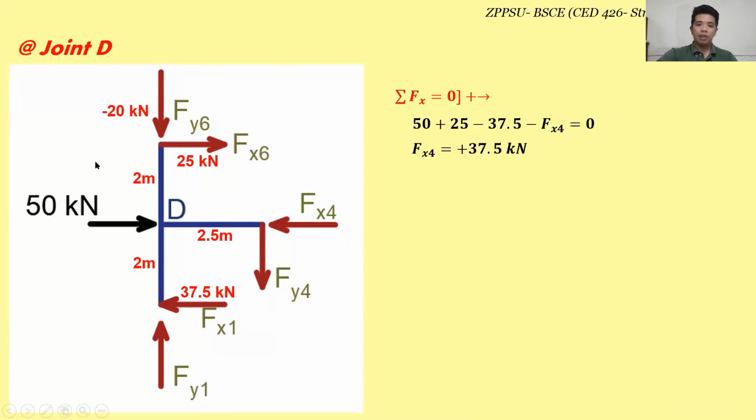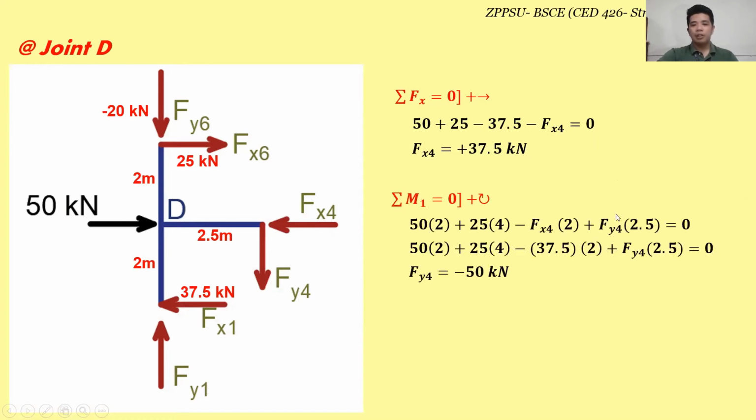Yung 50 na to, itong lateral force acting straight at joint D. So 50 plus 25 minus 37.5 kasi to the left, and minus fx4, all in all equal to 0. So simplifying further, fx4 is equal to positive 37.5 kilonewtons. So afterwards, let's sum up moments about a point.